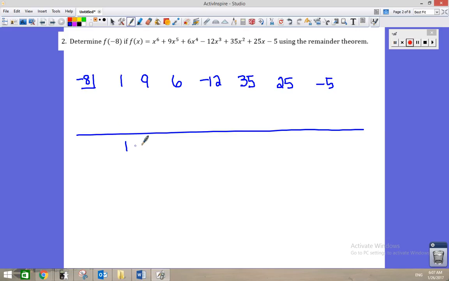First number always comes straight down. If you're below the line, you get multiplied by the number in the box.